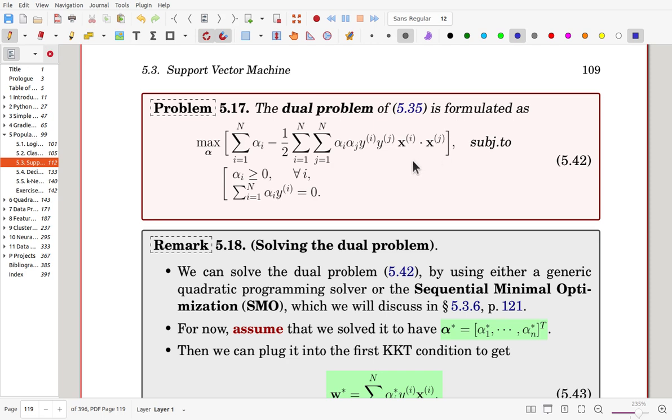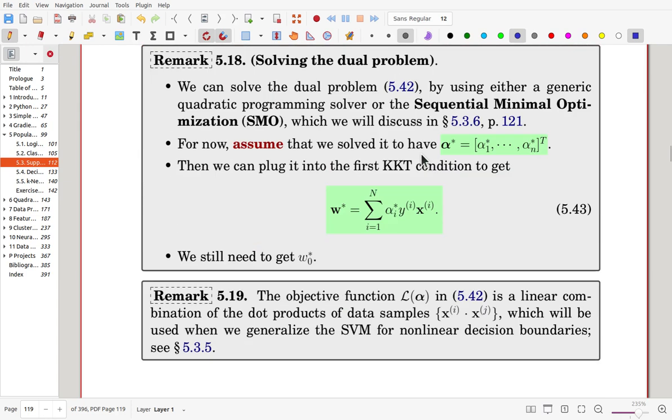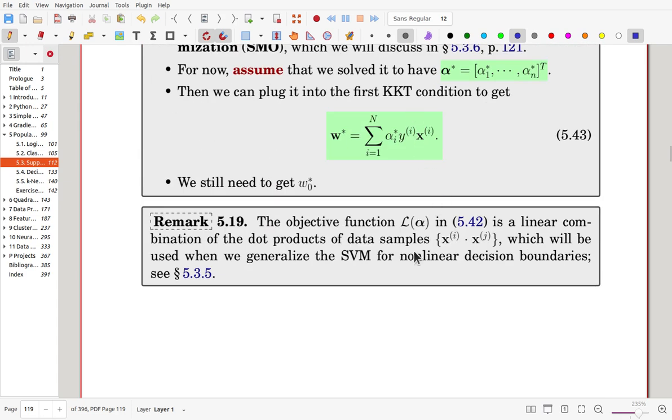When we need to extend the linear support vector machine to a nonlinear algorithm, we'll try to replace this portion with a nonlinear function of xi and xj. Later we'll do that.